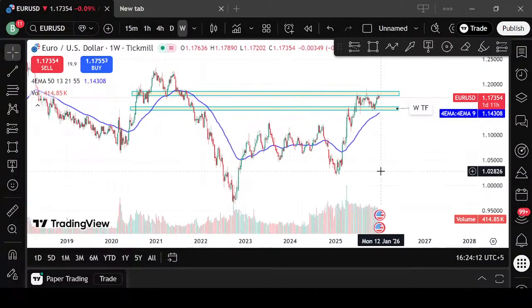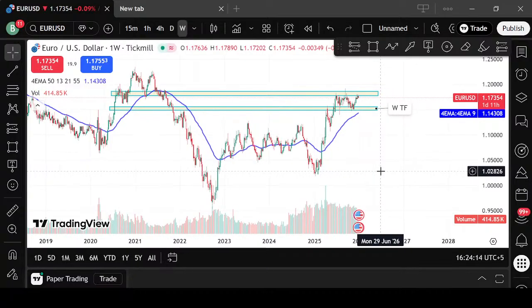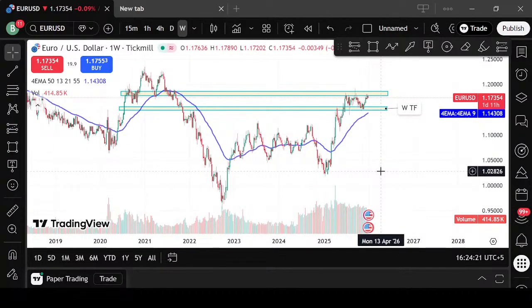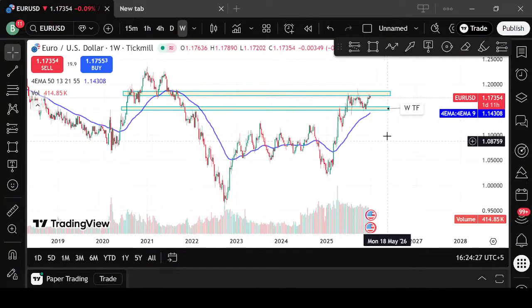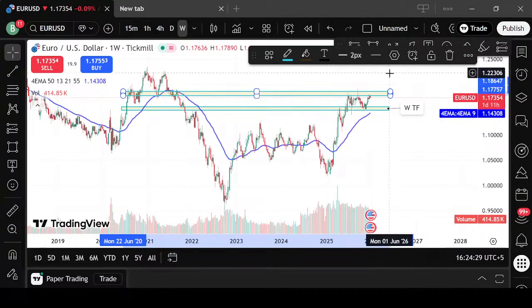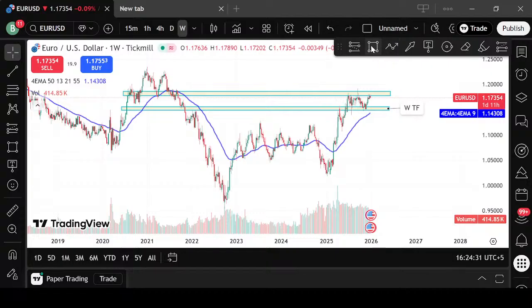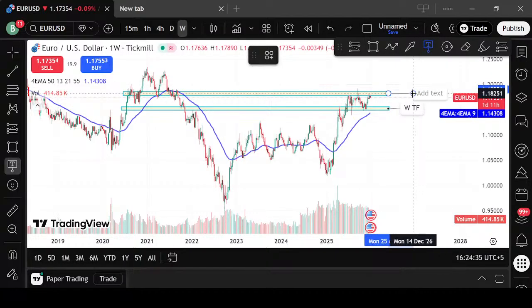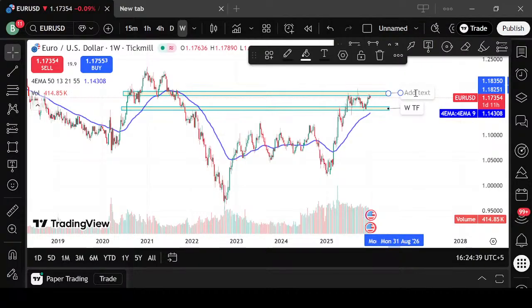So these 2 points are very critical to watch right now. I think I should mark two more resistances. First of all, I should write here that it is resistance on the weekly time frame.